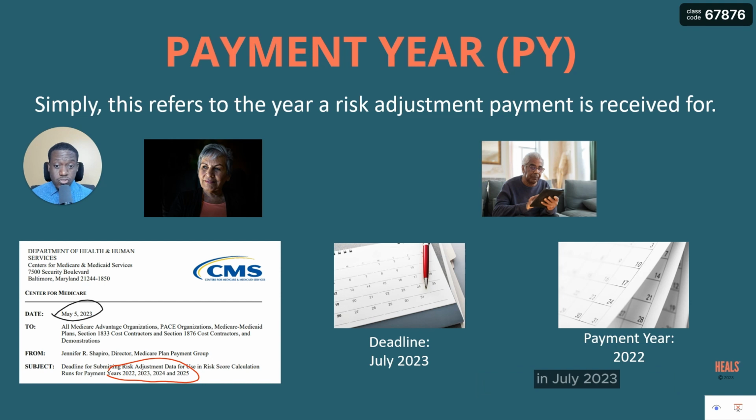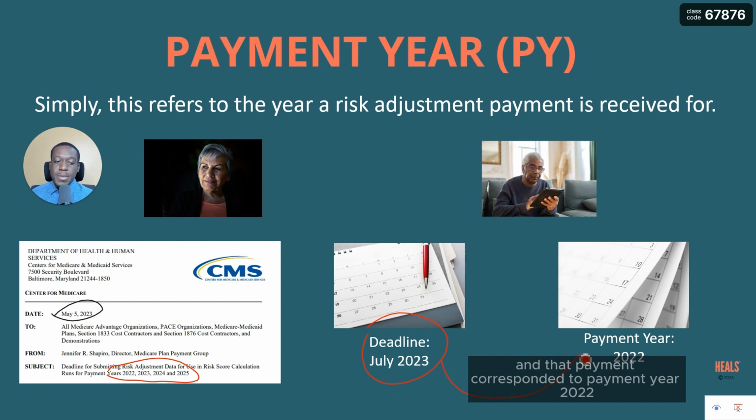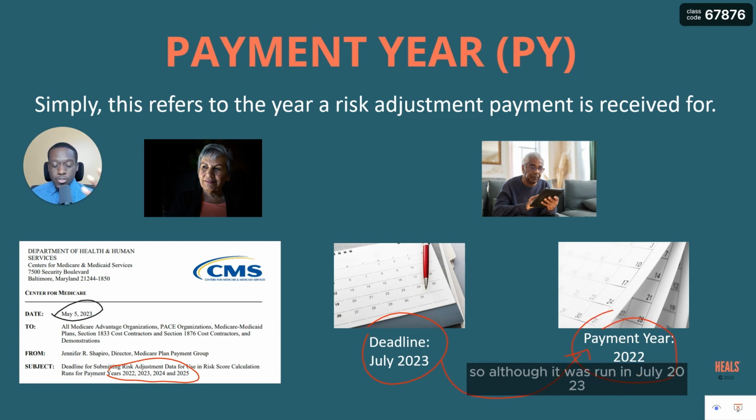So, for example, in July 2023, there was a payment that was run, and that payment corresponded to payment year 2022. So although it was run in July 2023, the payment year that it corresponded to was 2022. So simply, you will see the terminology payment year used in several documents.